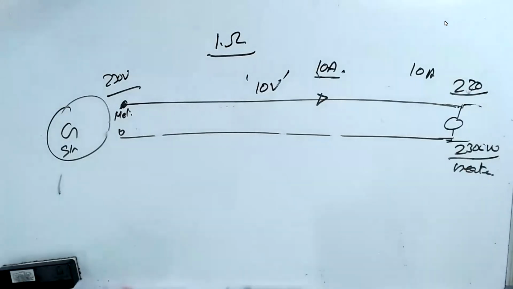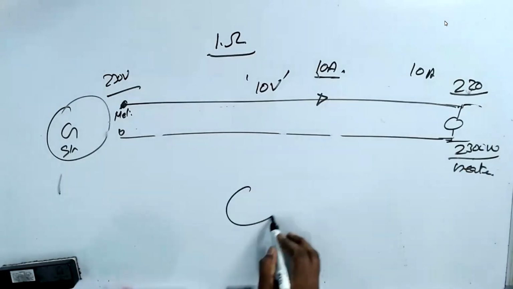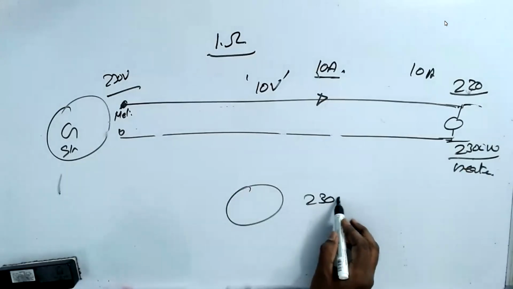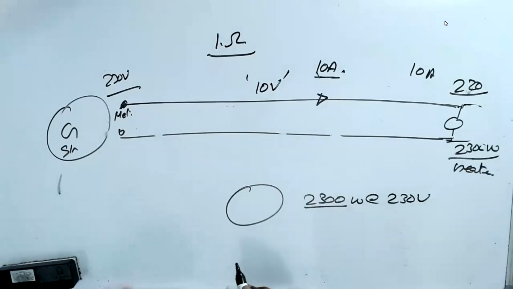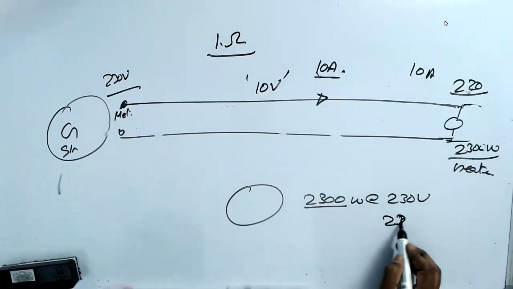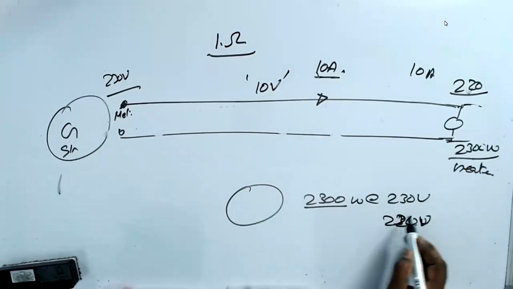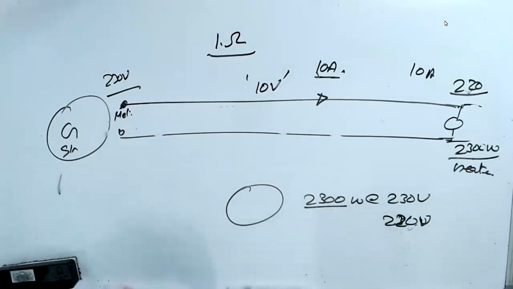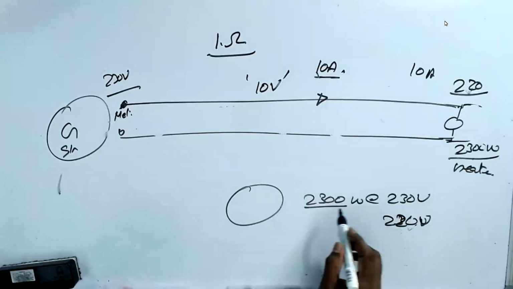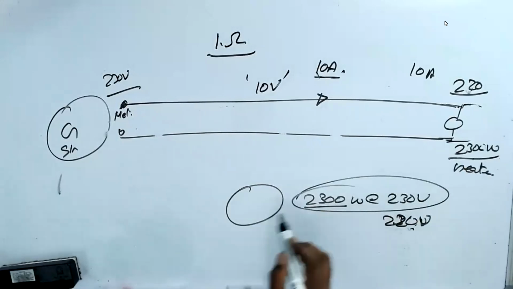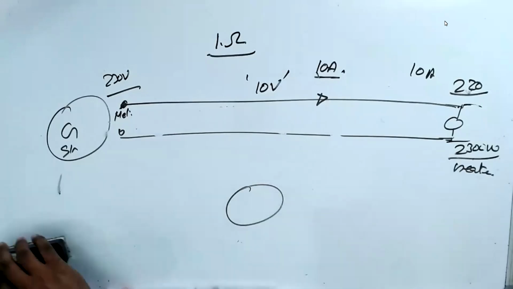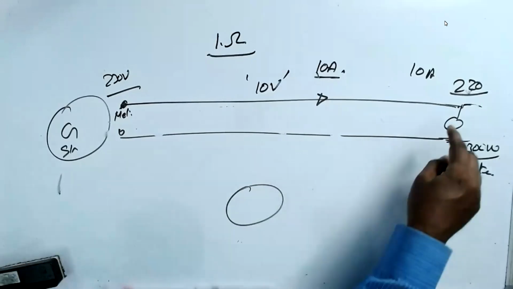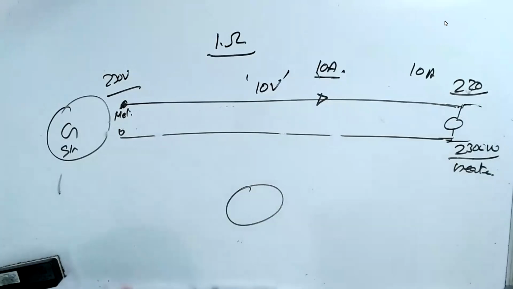So you get here 220 volts. But your equipment is rated 2300 watts at 230 volts, and you are giving 220 volts only. So the heater will not give you proper heat because you are not giving the rated voltage. If you give less voltage, you get less power.